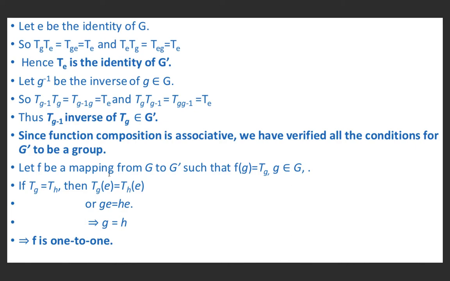So we have defined a function from G to G' so that f(g) = T_g. If T_g is equal to T_h, then T_ge equals T_he by definition. So this is g equal to h, and this implies g equal to h. Therefore f is 1-1.